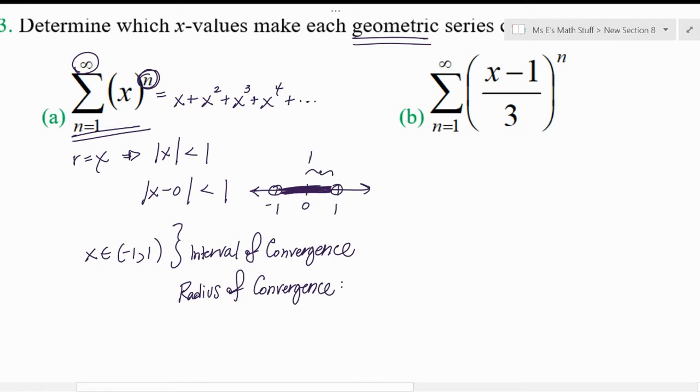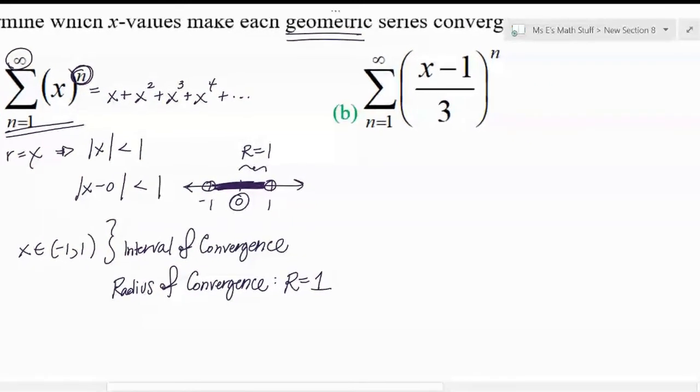And so your radius of convergence here would be 1. And they do tend to use an uppercase R for radius of convergence for some fun reason. Sometimes they'll ask you where your interval of convergence is centered, and this one would have been centered at 0. So there you go. Anyway, that's the vocabulary that you'll need to be familiar with.